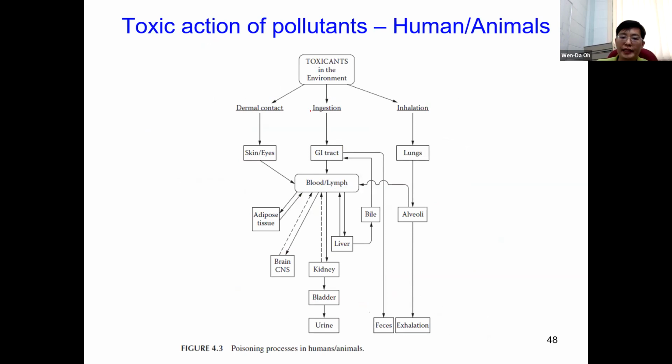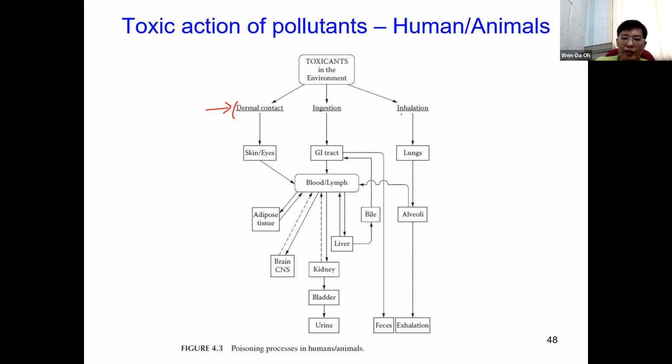For humans, it is more complicated in terms of the effects because humans have more developed organs, right? So different organs will respond differently to the toxicant. In terms of the exposure route, we have covered this previously. We have dermal, ingestion, inhalation, whereby it goes into different parts of our body.